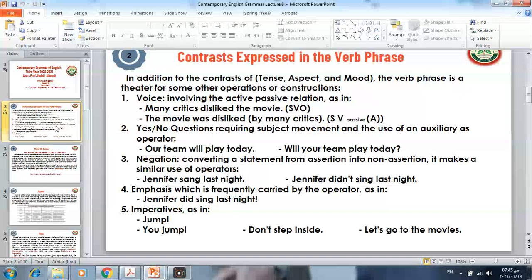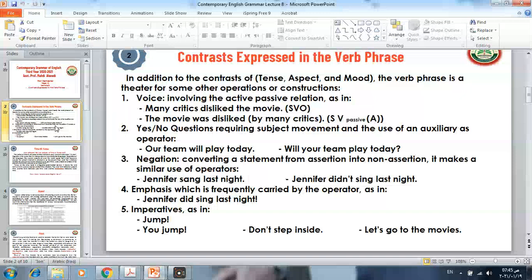I know that you know all of these things, but I just want to remind you of these contrasts that are expressed in the verb phrase. So the verb phrase is the place where these operations take place.